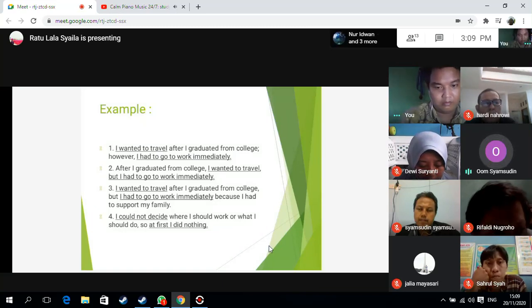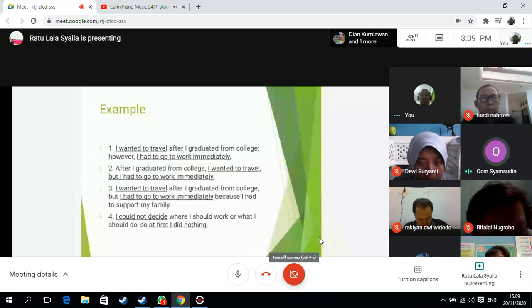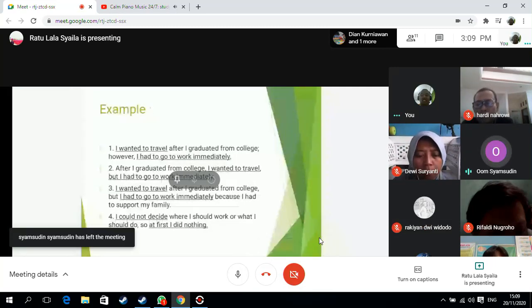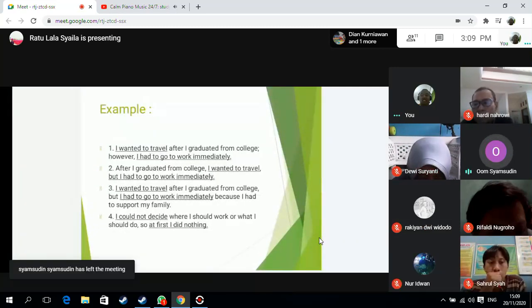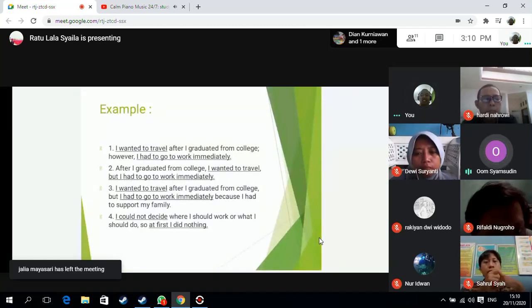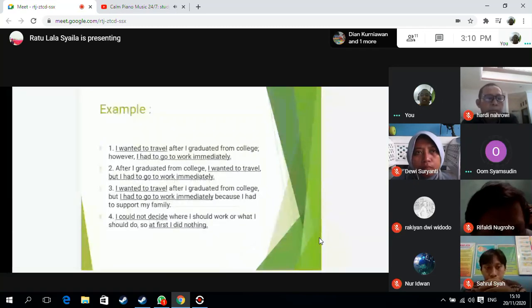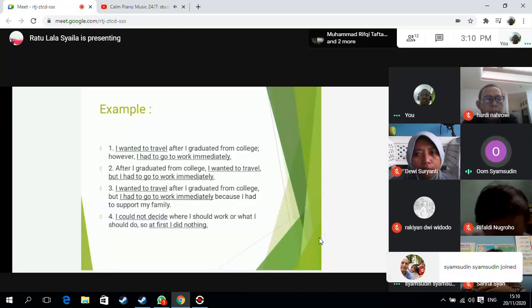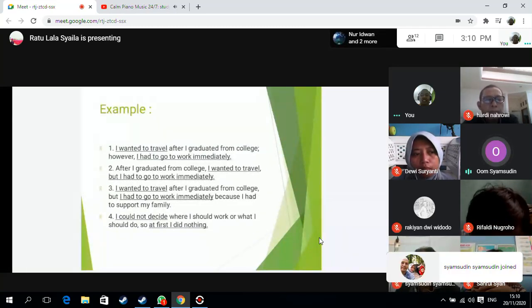Oke, jadi seperti tadi saya bilang, jangan langsung terjemahin kata per kata, karena seperti ini jadi kalimat yang berbeda. Coba misalnya kalimatnya begini. After I finish my study at the college, I want to go see the world.